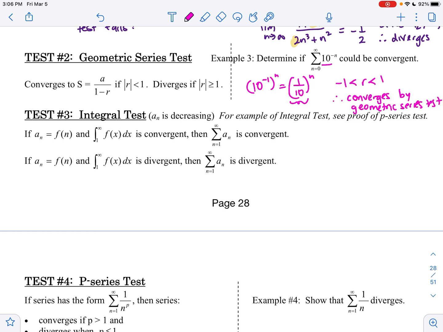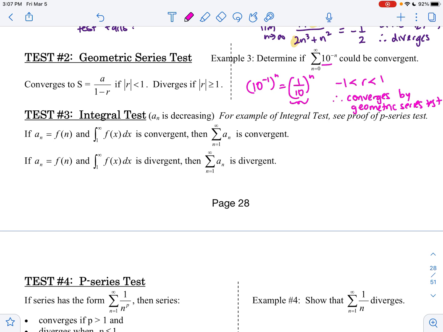The other test that we're going to talk about is the integral test. The integral test simply states that so long as the function f is continuous, if I can prove that the integral of the general term converges, then I can prove that the series itself also converges.